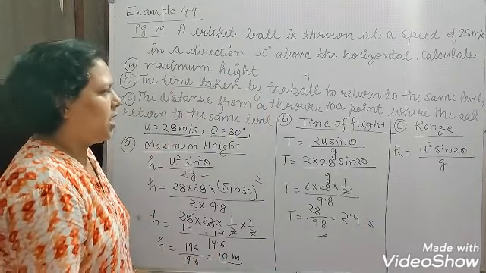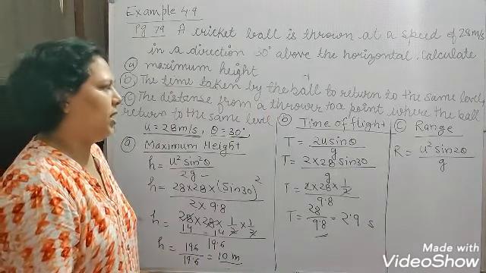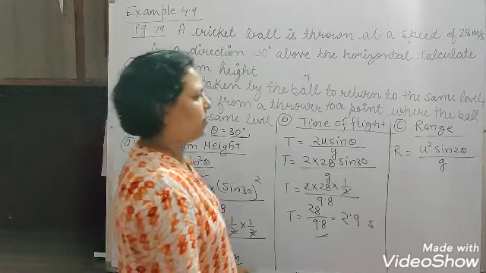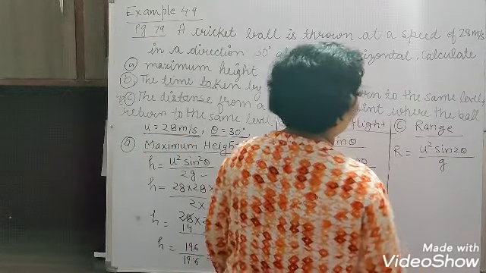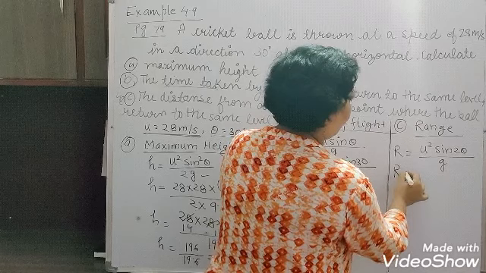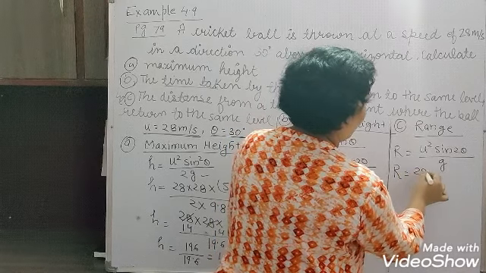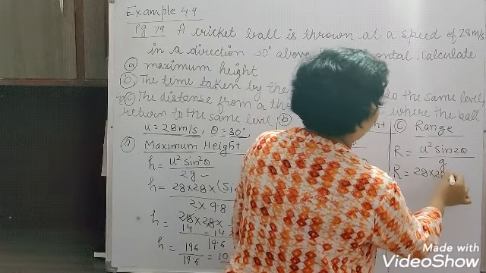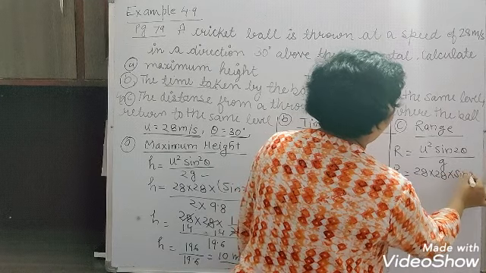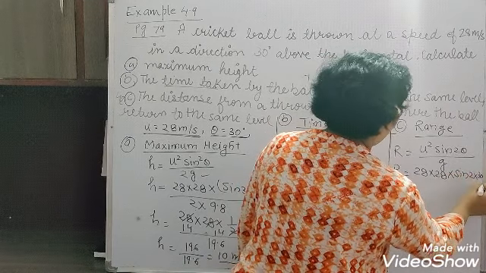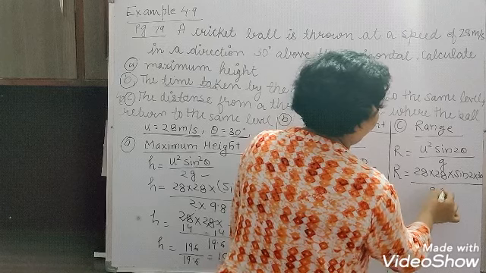Then we will calculate the range. The formula for the range is R equal to u square sine 2 theta upon g. So R is equal to u, 28 into 28, then sine 2 into 30 upon 9.8.